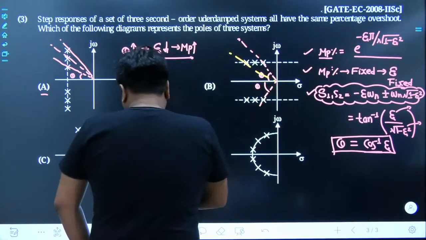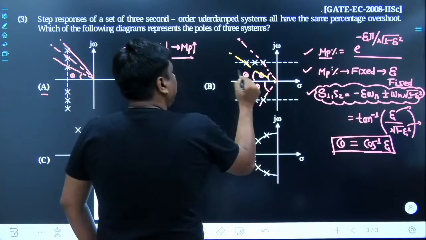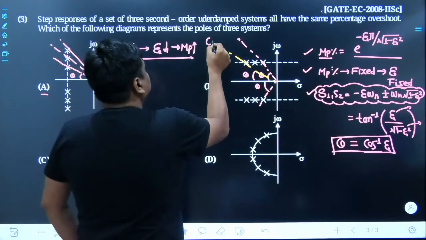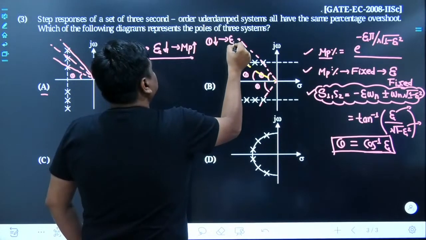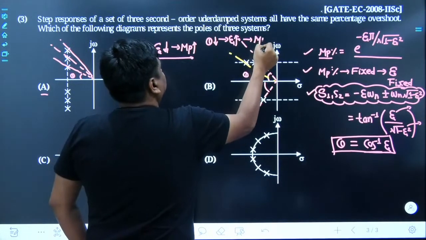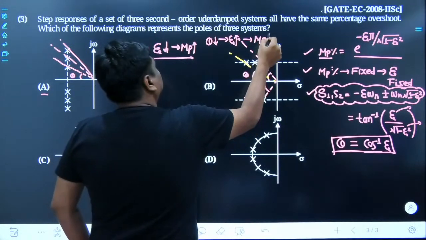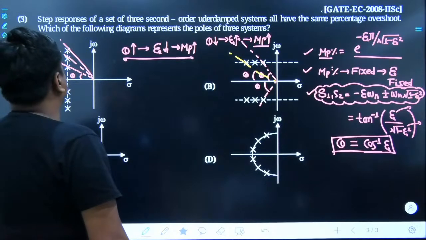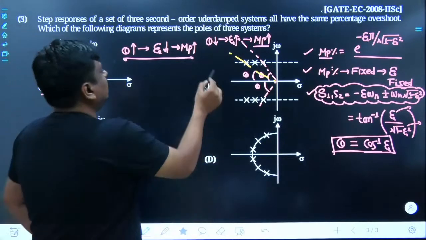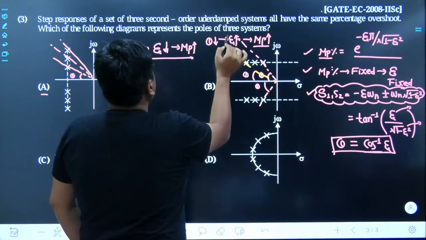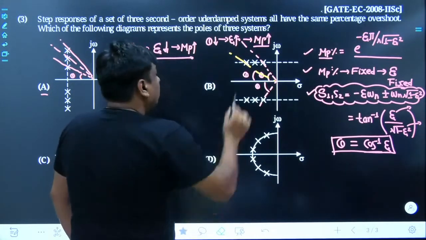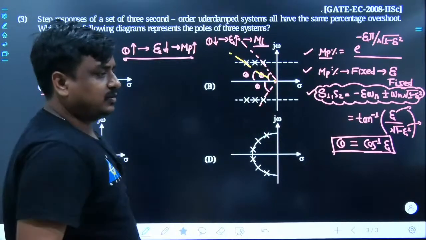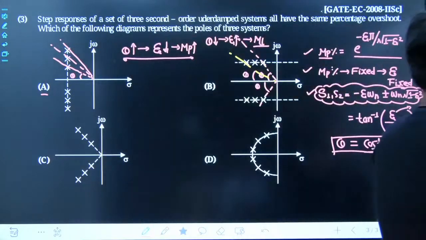Theta keeps decreasing, and as theta decreases, zeta would increase, and as zeta is increasing, MP is supposed to... Sorry, here the theta keeps decreasing, so zeta would increase, and as zeta is increasing, the peak overshoot, either in terms of absolute value or in terms of percentage value, is supposed to decrease. I would like to have the next question from you.